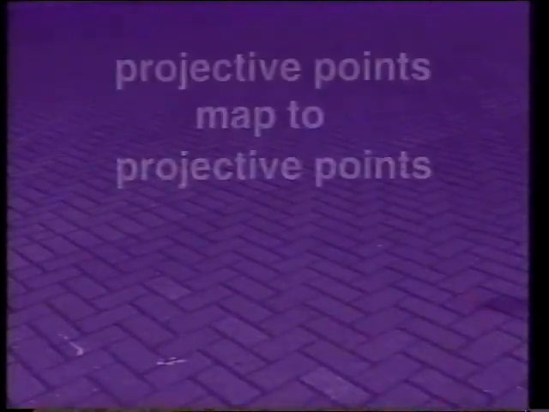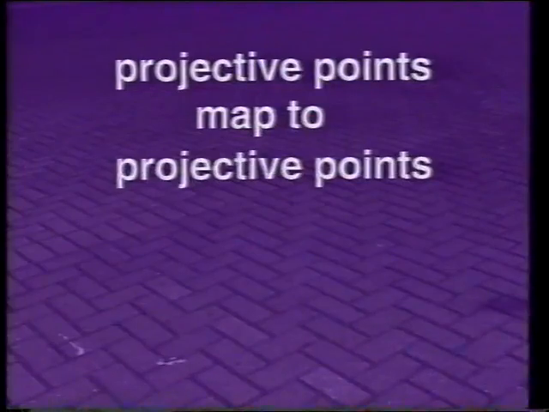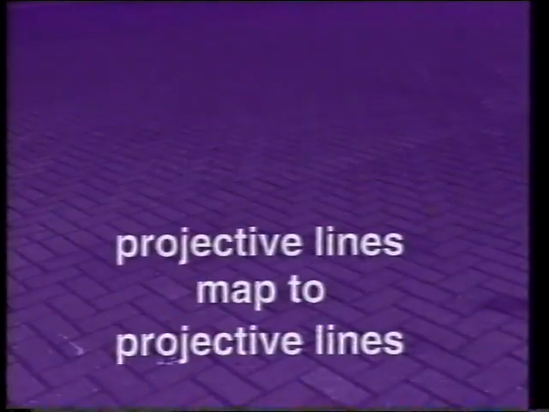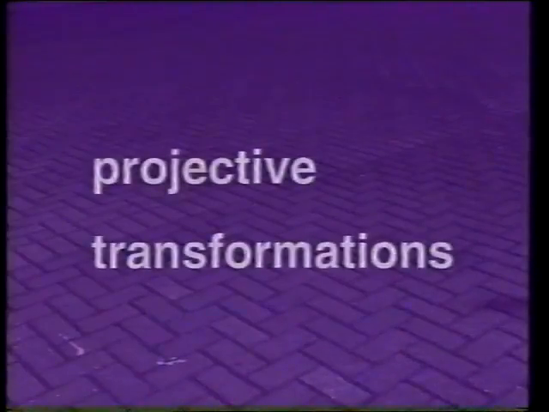These compositions turn out to be precisely the most general kind of transformation of space that maps projective points to projective points and projective lines to projective lines. We call these compositions projective transformations. Just as every affine map is a sequence of parallel projections, every projective transformation is a sequence of perspectivities.